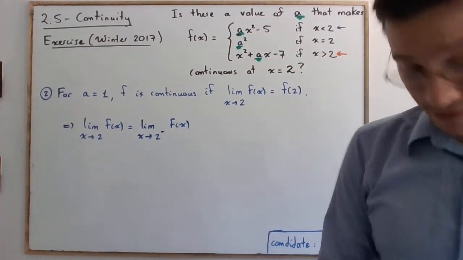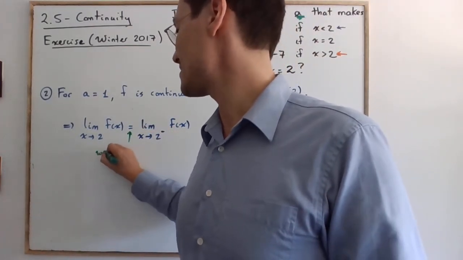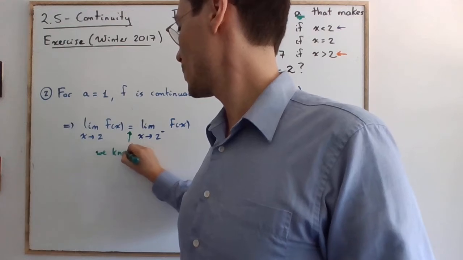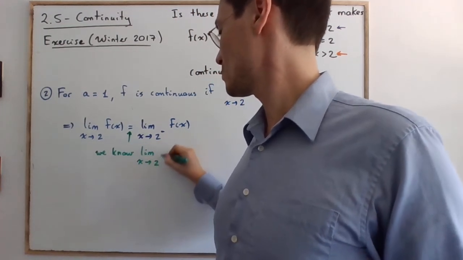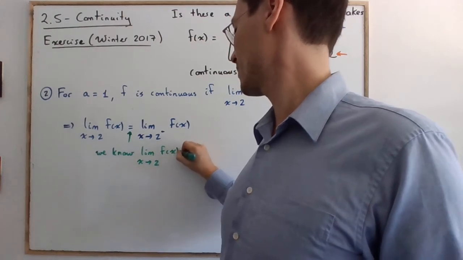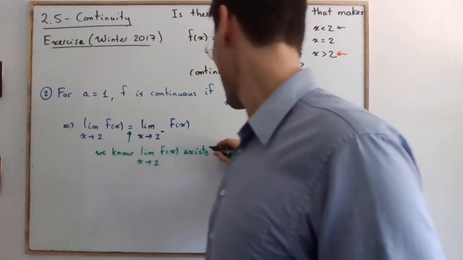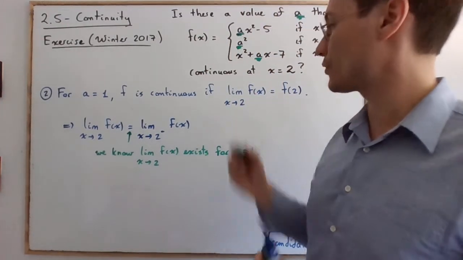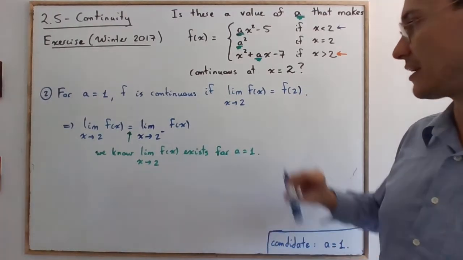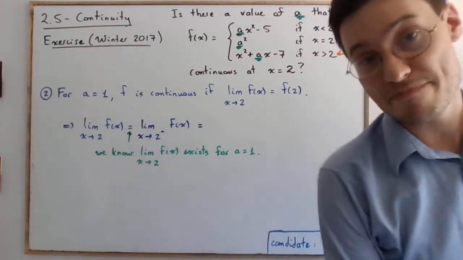This step is possible because we know that the limit exists for a equals 1. And then obviously, you use the same result.